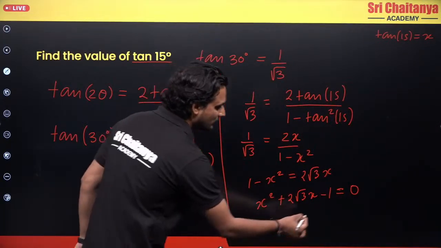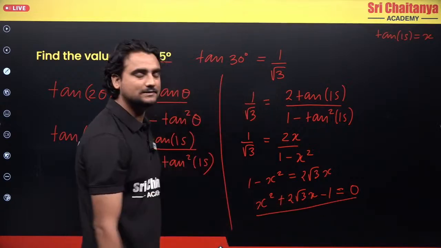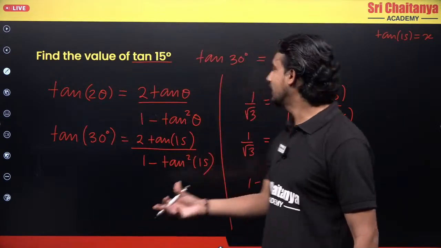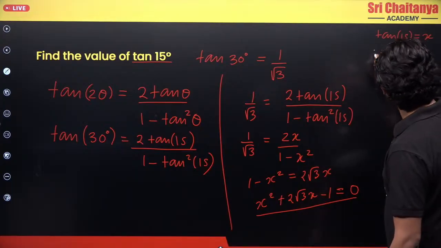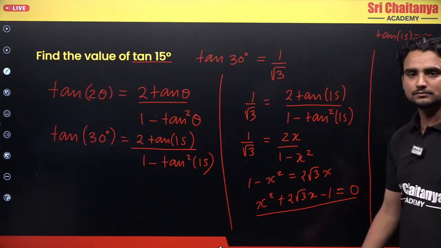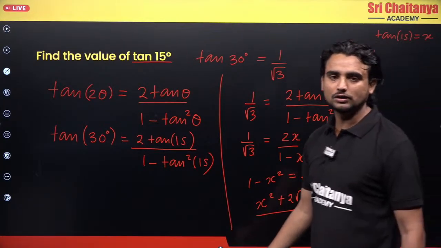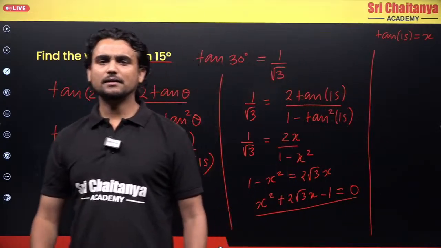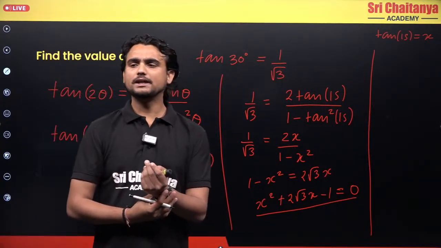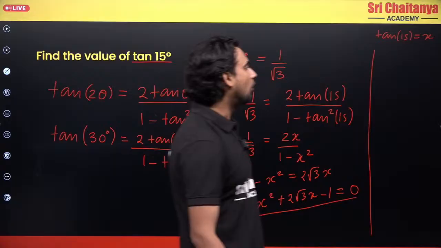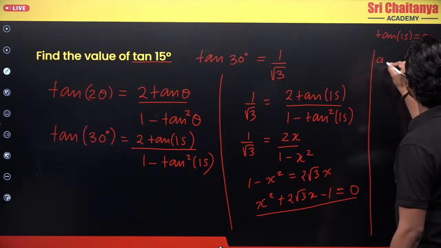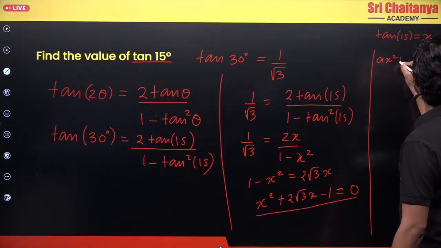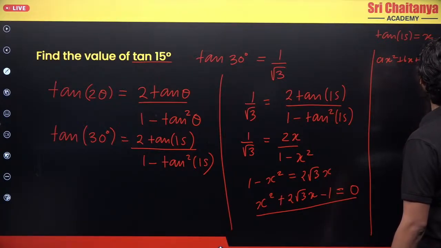So what is this exactly? This is a quadratic equation in x, or I can say this is a quadratic equation in tan 15. Okay, so I now just need to solve this quadratic equation. There are many ways to solve the quadratic equation, but I'll use the easiest way, that is just the formula. So what is the formula? Let's say if I have a quadratic equation of ax square plus bx plus c equals to 0.